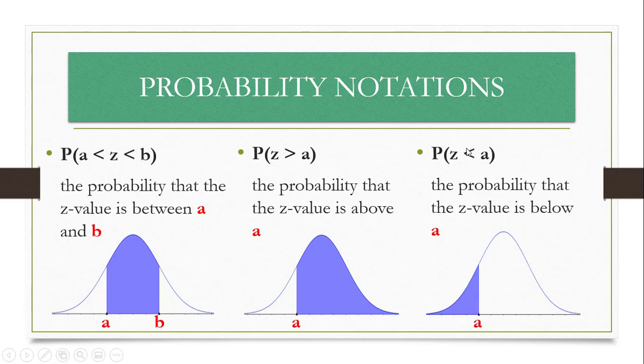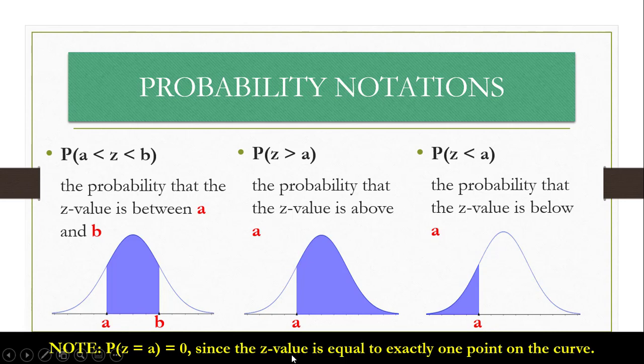So if we say less than, it means below. If we say greater than, it means above that specific value of A. If we say between, we have two specific values of Z, and we want the area between those values.